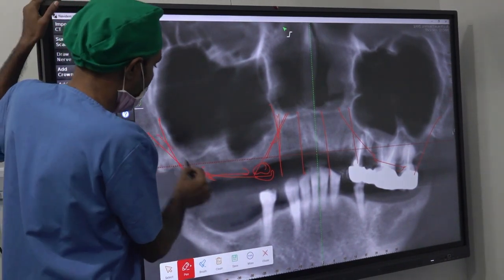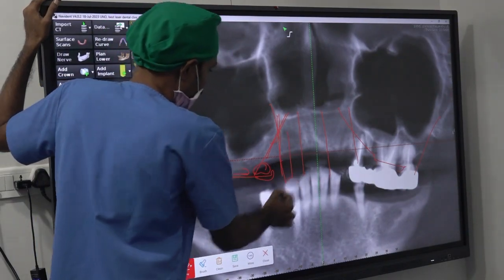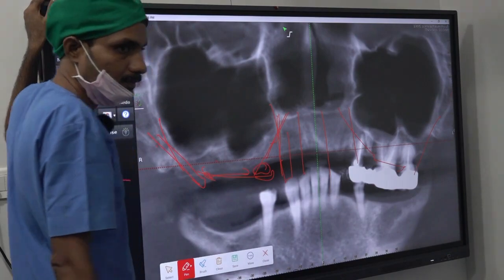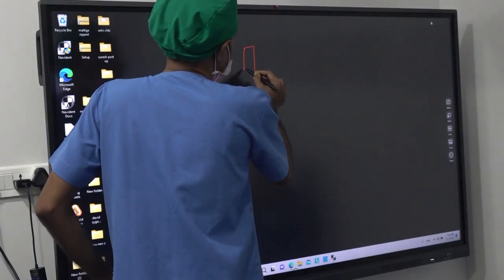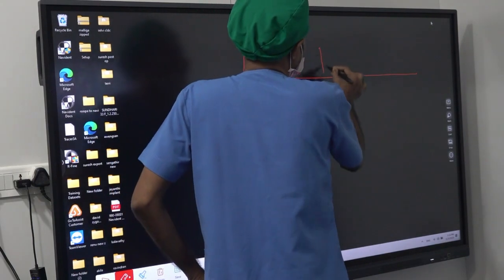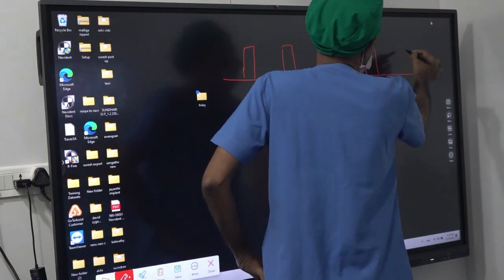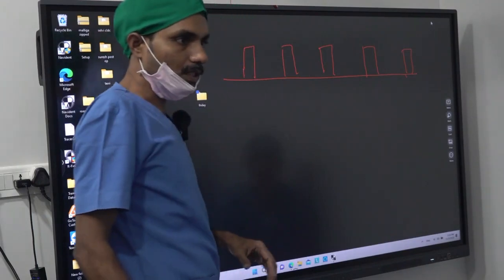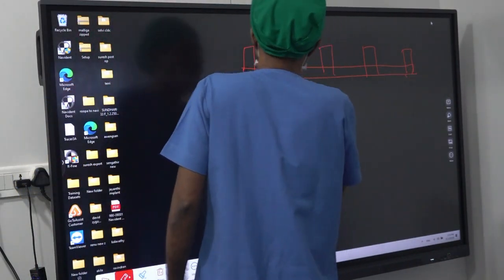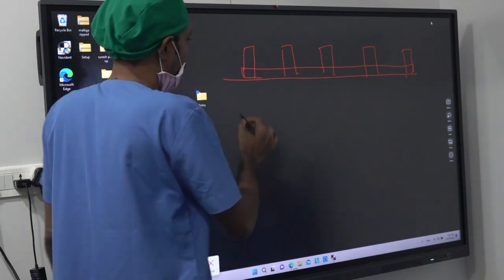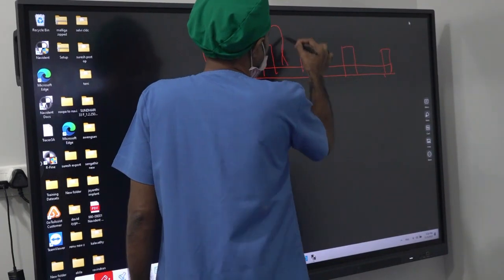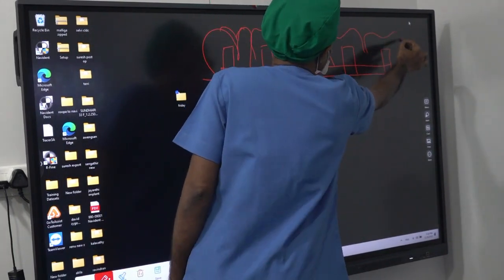So if you place single piece implants, whether in the lower jaw or upper jaw, say 6 implants, and you do welding, connecting them, and you give processes for this, the risk of failure is more. This is one type.